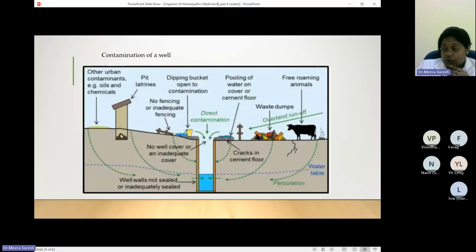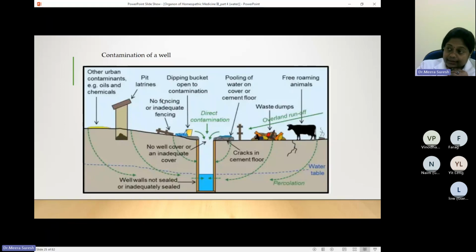But the well is also not free from contamination, especially the shallow well. So what are the different ways of water getting contaminated? This is more obvious from the picture itself. You can start with direct contamination. There are wells which are kept open, not covered properly.